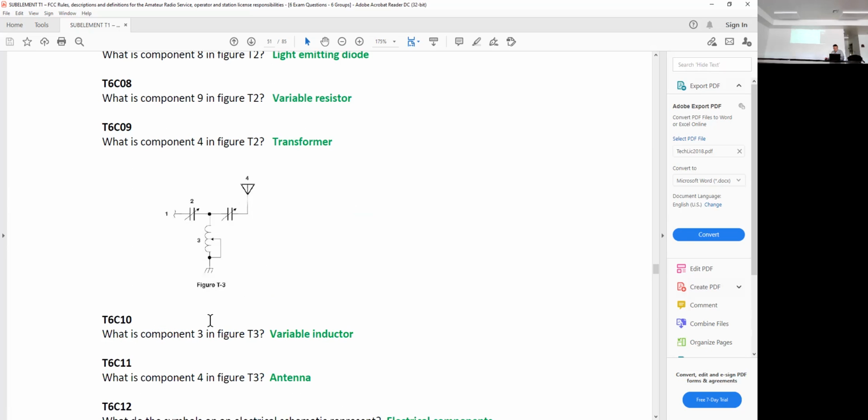What is component 3 in figure T3? Variable inductor. So you can remember that because it's just the inductor symbol, which looks like a coil of wire, with the addition of this adjustable wiper on the symbol. So it's an inductor, and the wiper says it's variable.